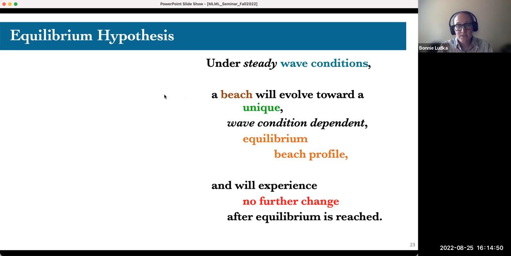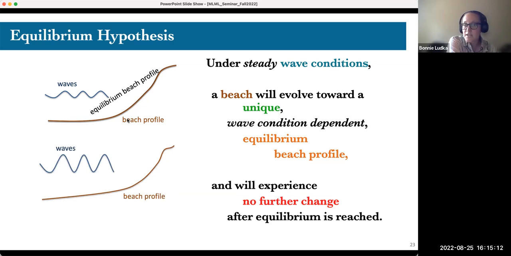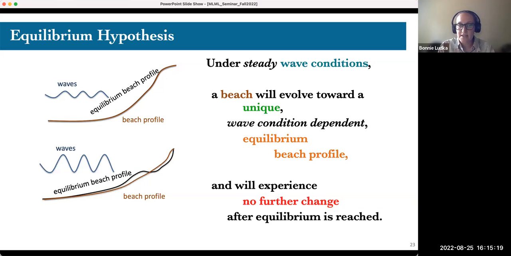What this means in cartoon form is that if you have some hypothetical beach profile and some hypothetical offshore wave conditions, there is a particular equilibrium beach profile that this beach evolves to, at first rapidly and then ever more slowly. Then for some different set of offshore wave conditions, there is a different equilibrium beach profile that this coast evolves to, at first rapidly and then ever more slowly.